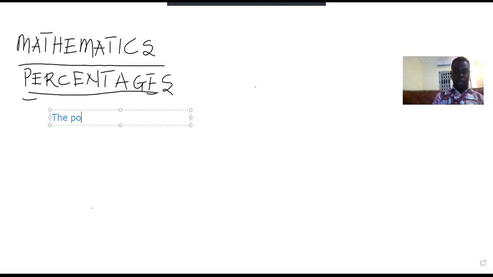The population of Ghana was 5 million in 1957.